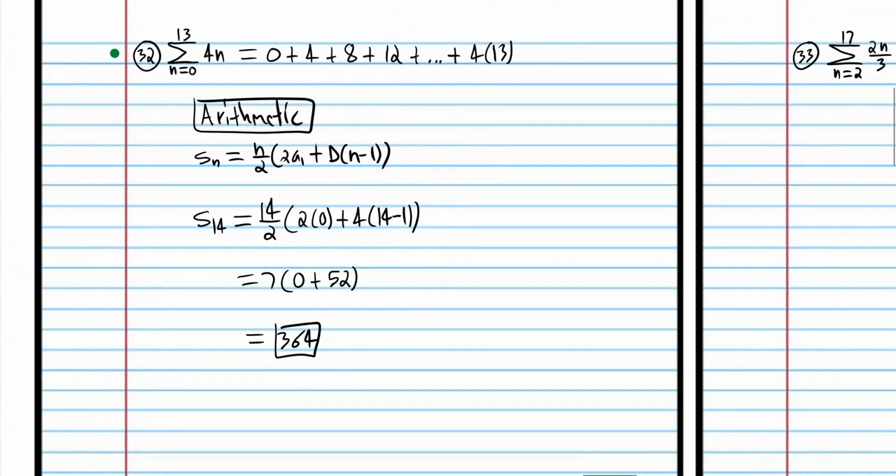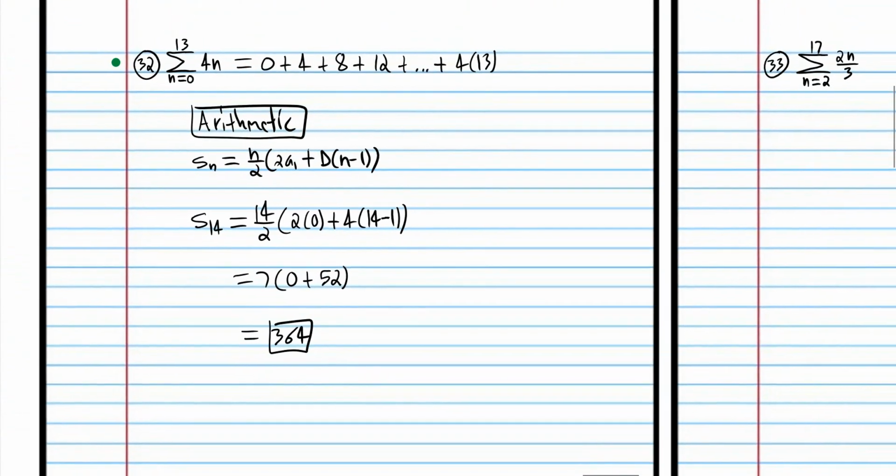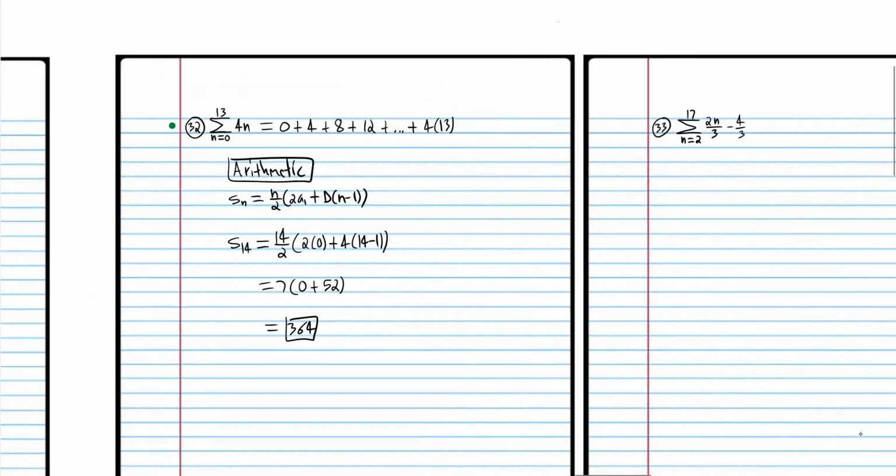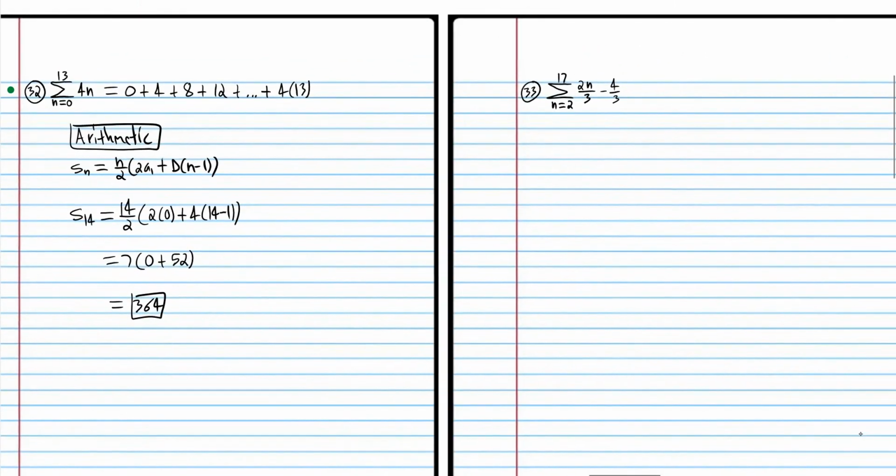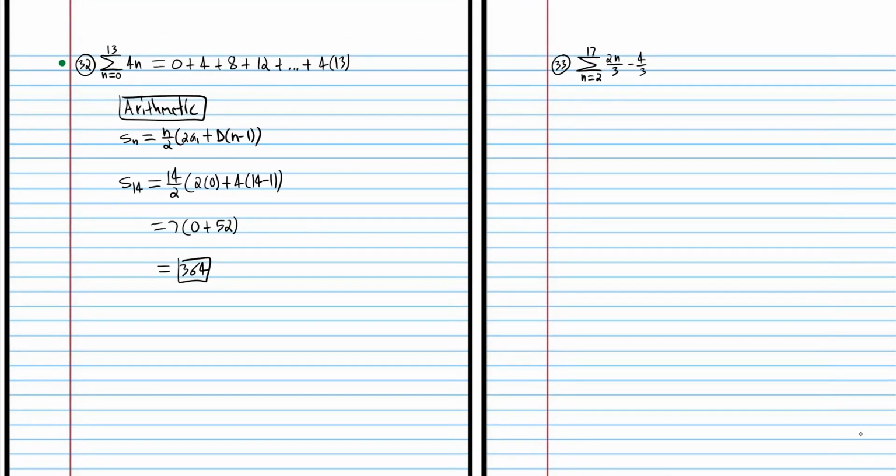So if you got that one right, excellent. Okay, so I want you to try number 33. Remember, the hardest part is figuring out what n is going to be in your formula. So try 33, and when you come back, we'll do it together.